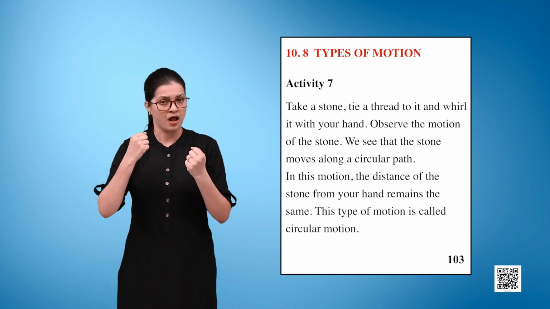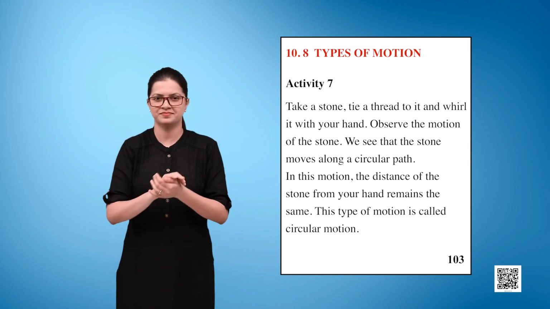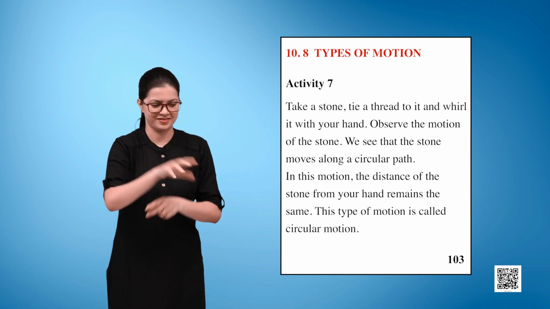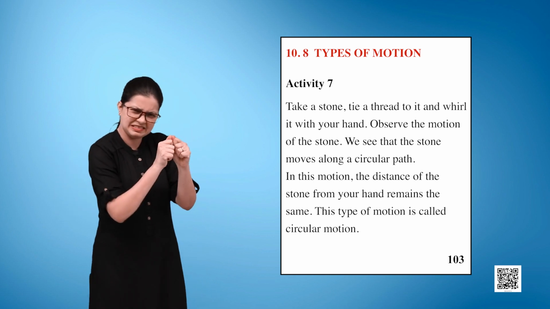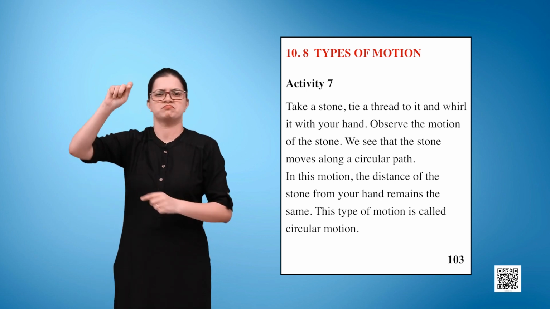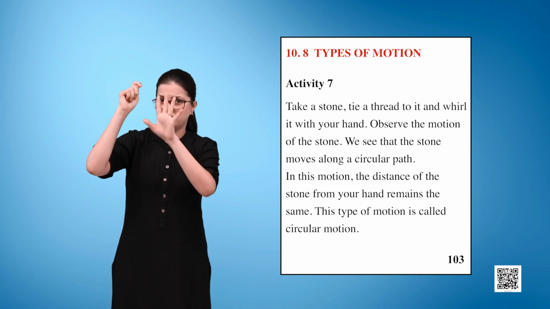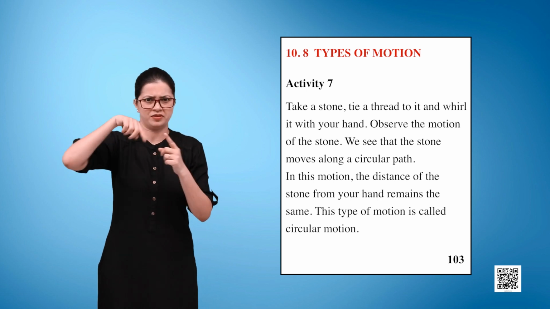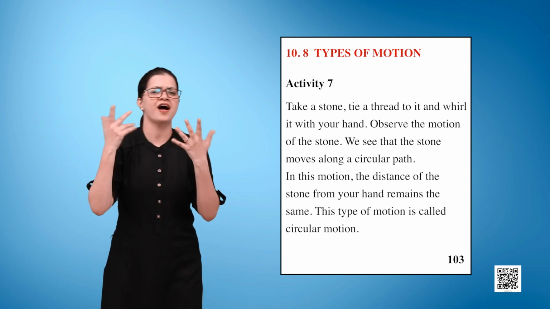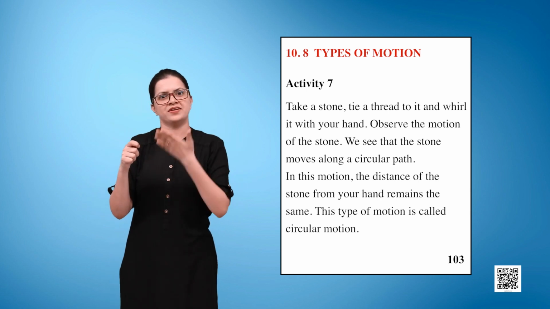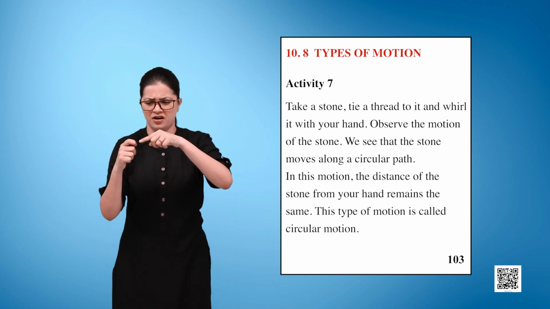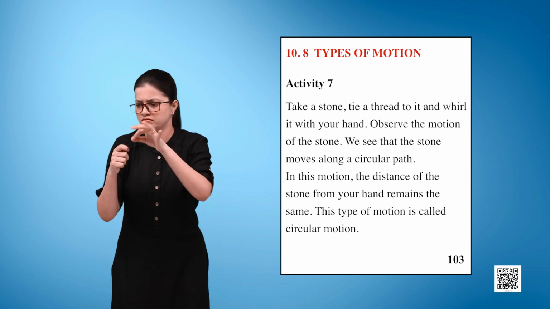Activity 7. Take a stone, tie a thread to it and whirl it with your hand. Observe the motion of the stone. We see that the stone moves along a circular path.